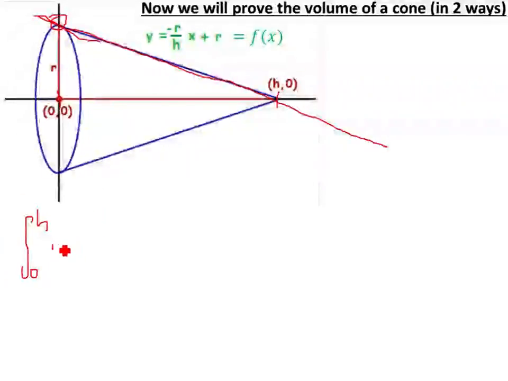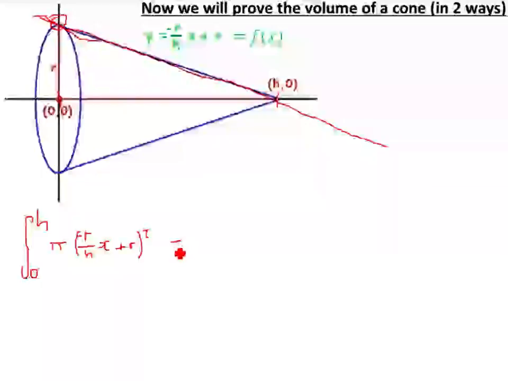Now it's the area of a circle. So now we've got all our infinitely small radii, and the area is pi times r squared. So this divided by h x plus r squared. We can do what we did earlier and take out pi.